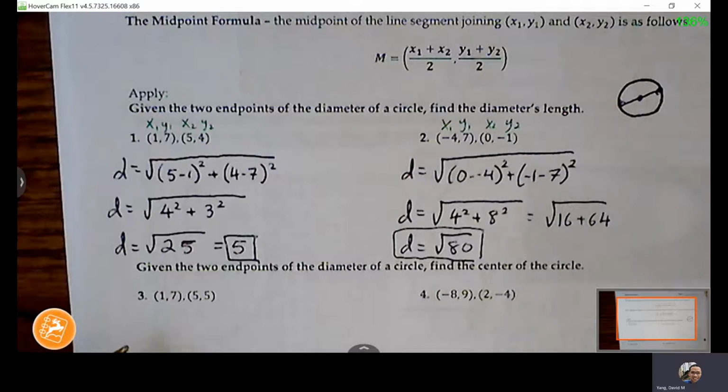Okay, so distance formula, 1 and 2, you've used it quite a bit. For number 3, given 2 endpoints, find the center of the circle. So that means we're finding the midpoint.